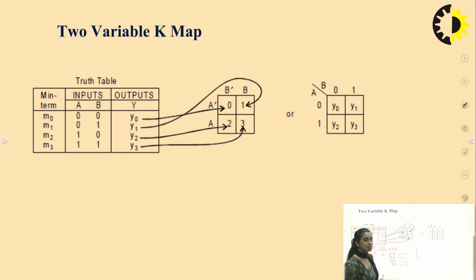Now I'll have to decide whether the square will be of 4, 2, or 8. That is decided by the number of variables, like the number of possible combinations. So with 2 variables, we can have 4 combinations. That makes me realize that I'll have to make a square of 4. So I'll make a square of 4, right?